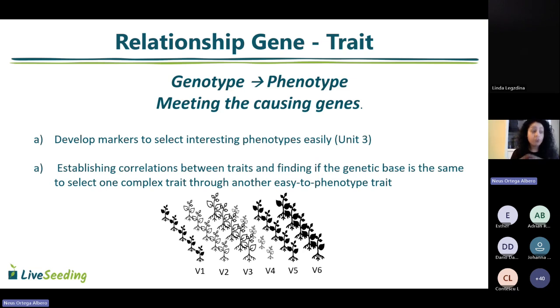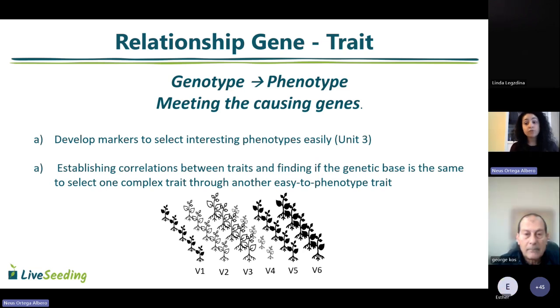First, knowing the genetic regions allows you to develop genetic markers to select genotypes with a phenotype of interest more easily. For example, if we have a marker for extended shelf life, by applying the marker to a collection of varieties, we can select the best varieties for cultivation more easily than with other techniques.